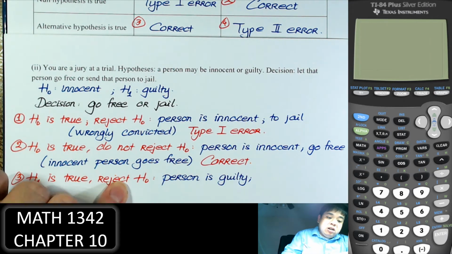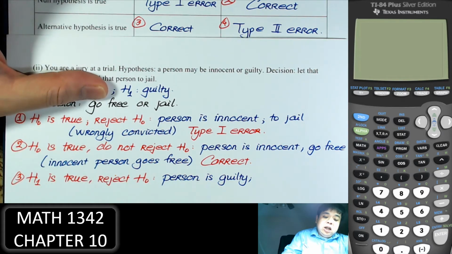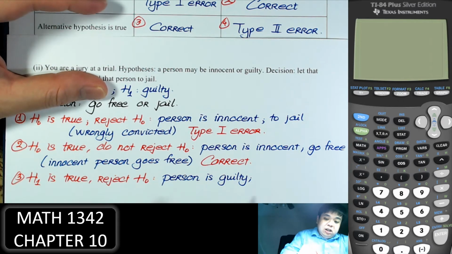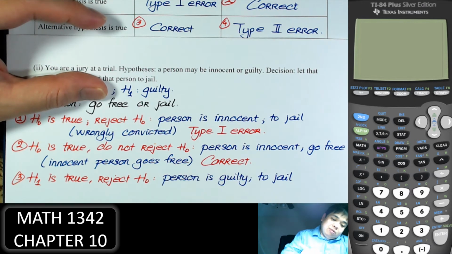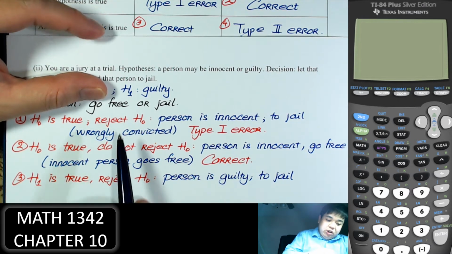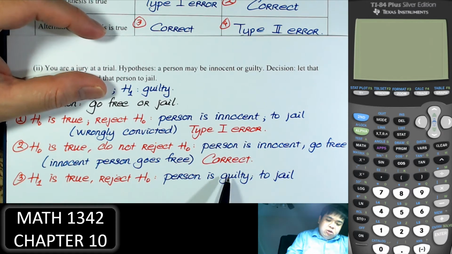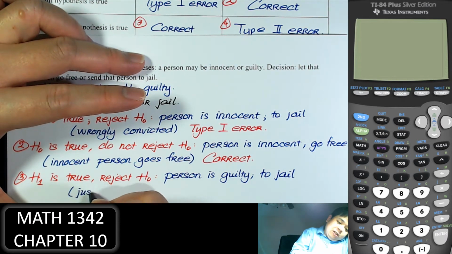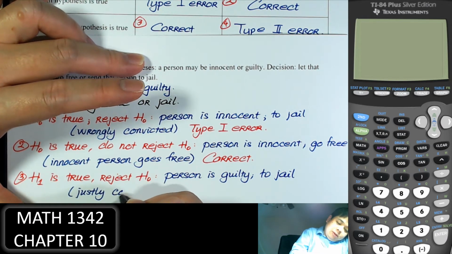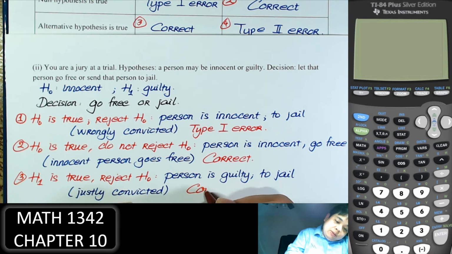And we reject that the person is innocent, or H0, innocent. So we said that person has to go to jail. That decision is based on rejecting the notion that the person is innocent. So in this case, the person is guilty and goes to jail. So that is justly convicted. In that case, that is a correct decision.